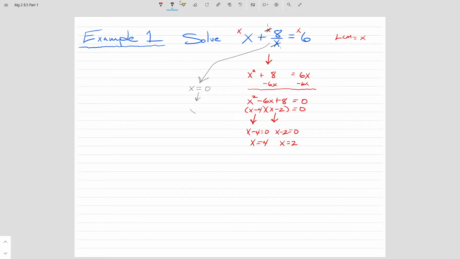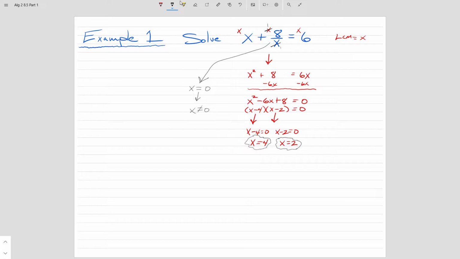So basically, I wasn't allowed to have x have an answer of 0. Now it worked out okay because the two answers I got were 4 and 2. Neither one of these answers was 0.